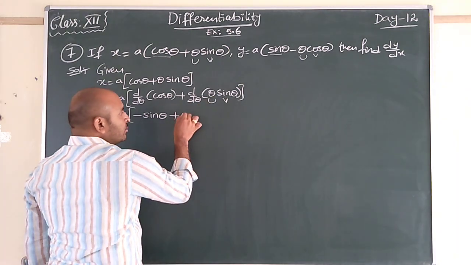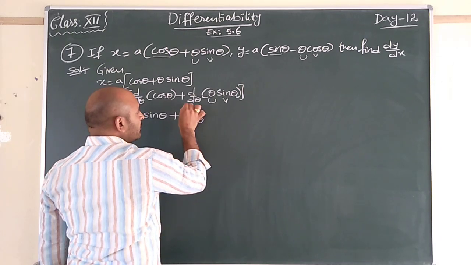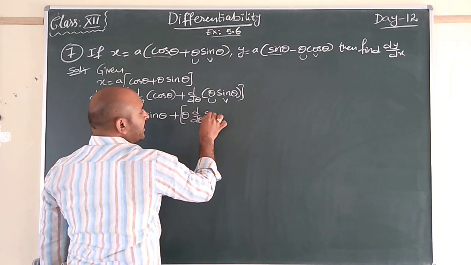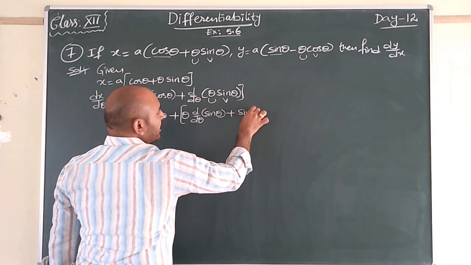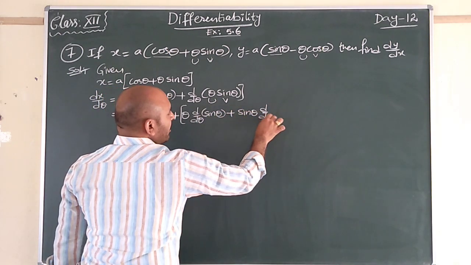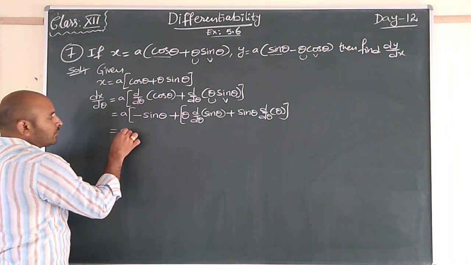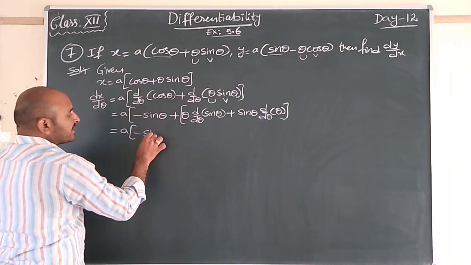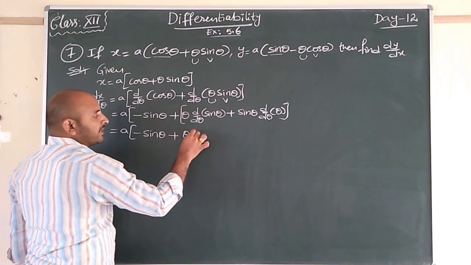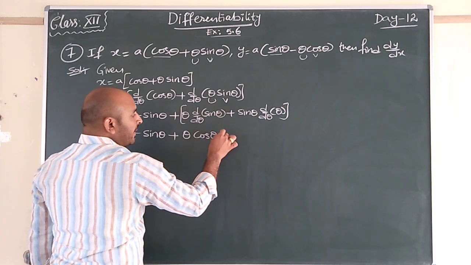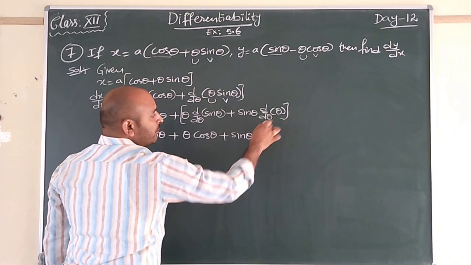So theta into derivative of sin theta plus sin theta into d by d theta of theta. It is equal to a into minus sin theta plus theta into cos theta plus sin theta into 1.